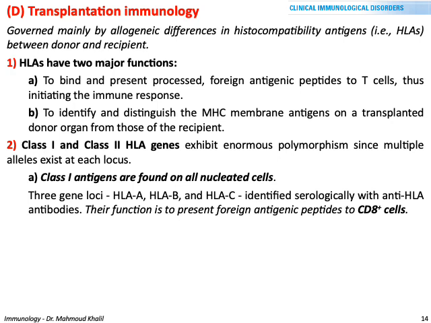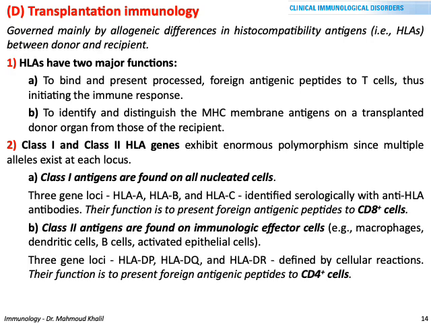The main function of this class is to present foreign antigenic peptides to CD8 cells, while class 2 antigens are found on immunologic effector cells like macrophages, dendritic cells, B cells, and activated epithelial cells. They are controlled by three other genes: DP, DQ, and DR, and they function to present antigenic peptides to CD4 cells.